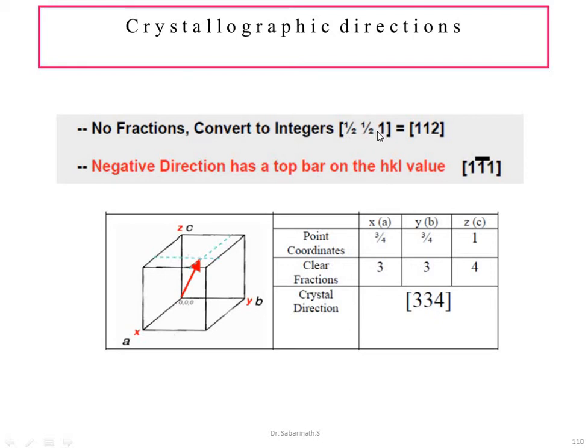Similarly, take another case. Here we have the coordinate system and the point coordinates: on the x-axis it is 3 by 4, on the y-axis again 3 by 4, and on the z-axis it's 1. The common denominator is 4, so we need to multiply throughout with 4. In effect, we will take the x-axis like 3 by 4 here.